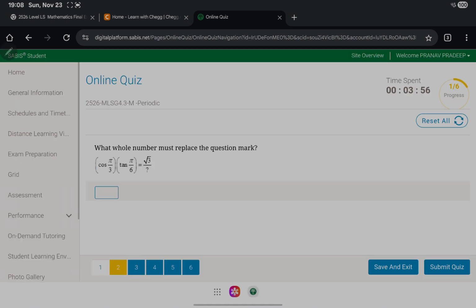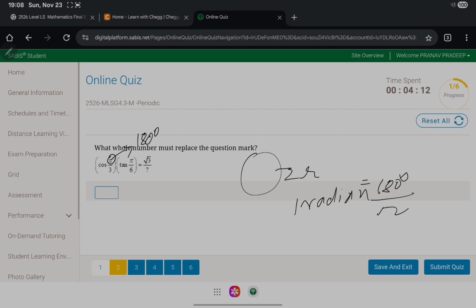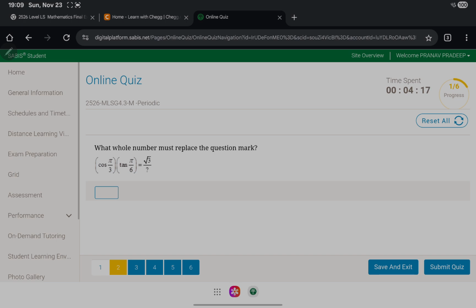Here again, let's consider this radian as 180 degrees, because you know that a full circle is 2 pi and 1 radian is 180 degrees divided by pi. Okay, just consider pi as 180.